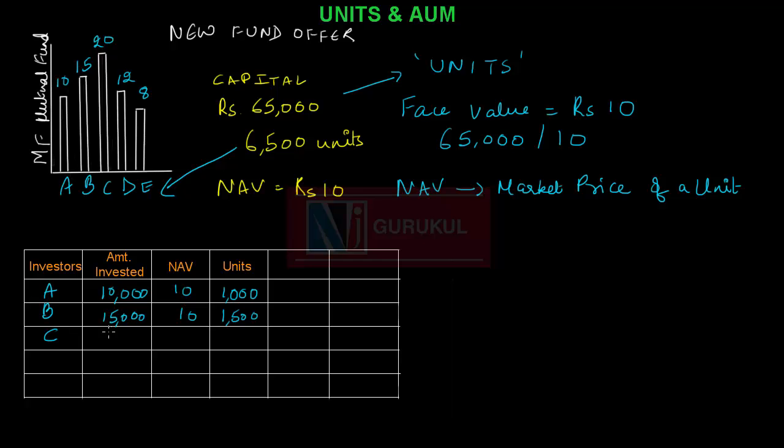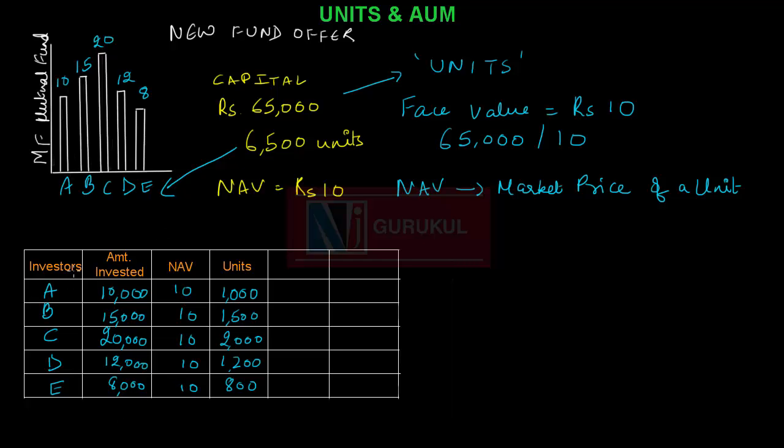C, who contributed rupees 20,000, NAV is 10, will be getting 2,000 units. D, who contributed rupees 12,000, will be getting 1,200 units. And E, who contributed rupees 8,000, will be getting 800 units.